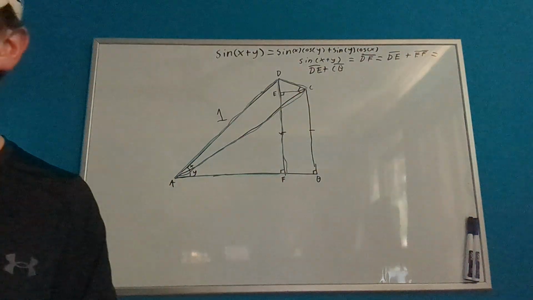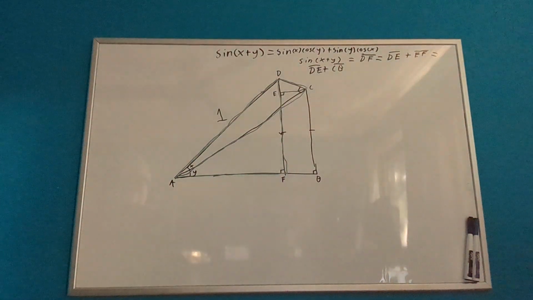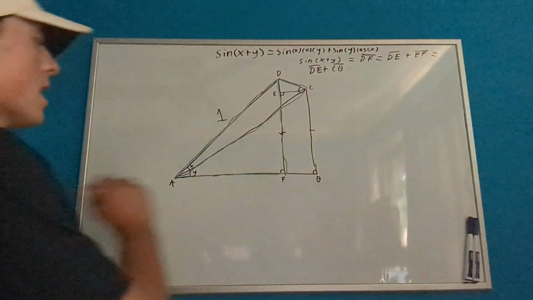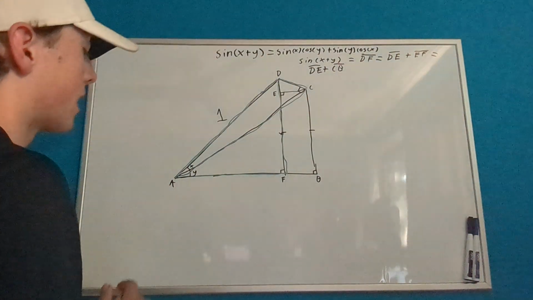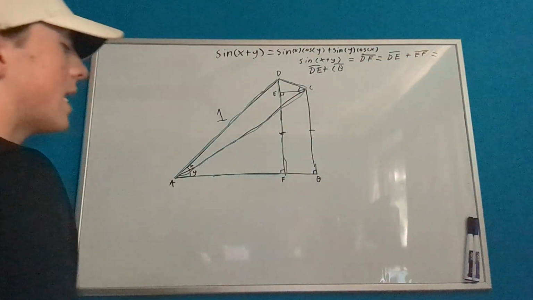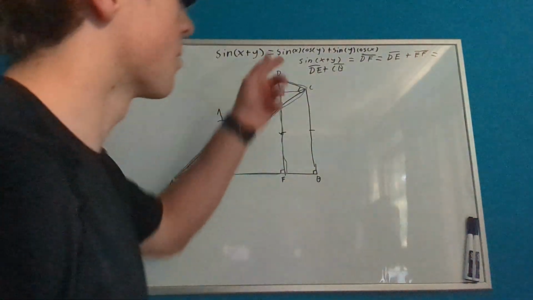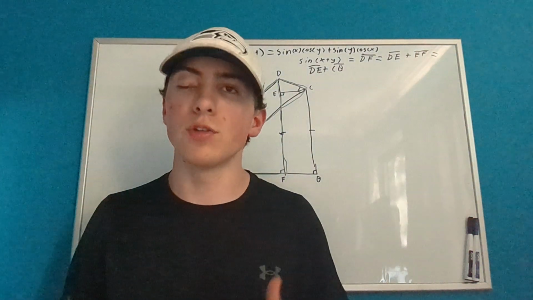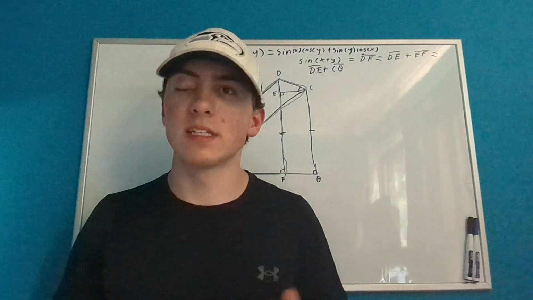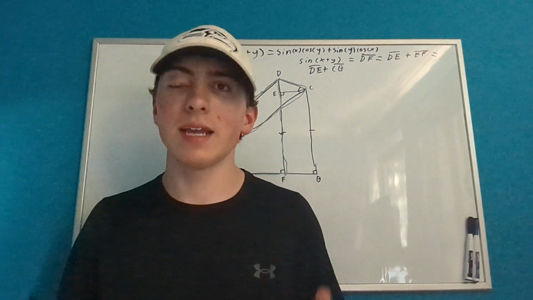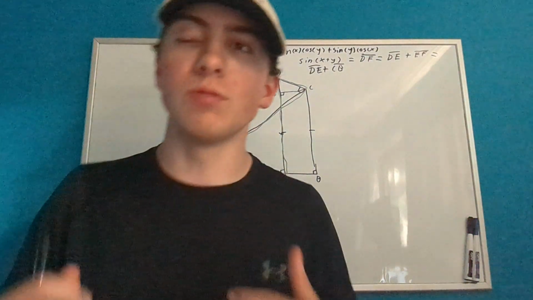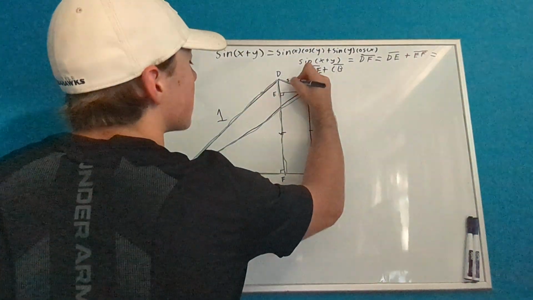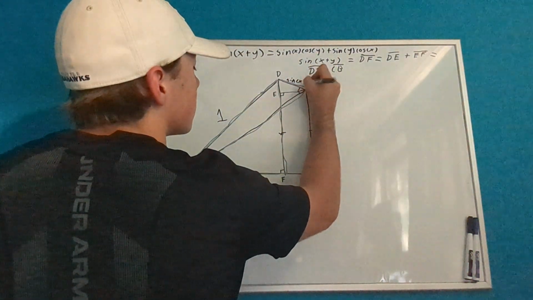So what should we say the sine of our x angle is? Well, that's opposite, line segment DC, over the hypotenuse. In this case our hypotenuse is 1, so we can just say that sine of x is equal to DC. So I'm going to label up here sine of x.